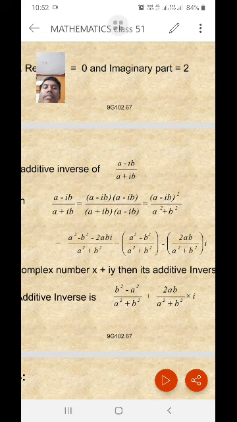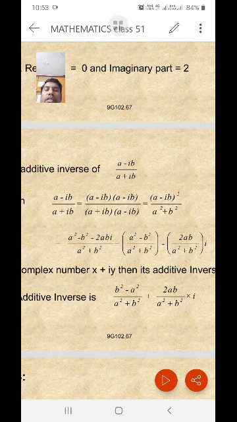Next, if we split the denominator to the above numerator, see how we are separated here. In the numerator we have a square minus b square term, so a square minus b square by a square plus b square minus 2ab into i by a square plus b square. So now this is in the form of a minus ib or a plus ib.